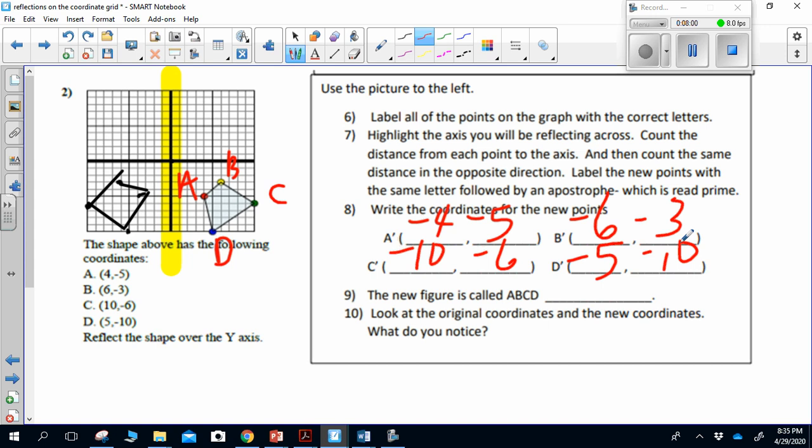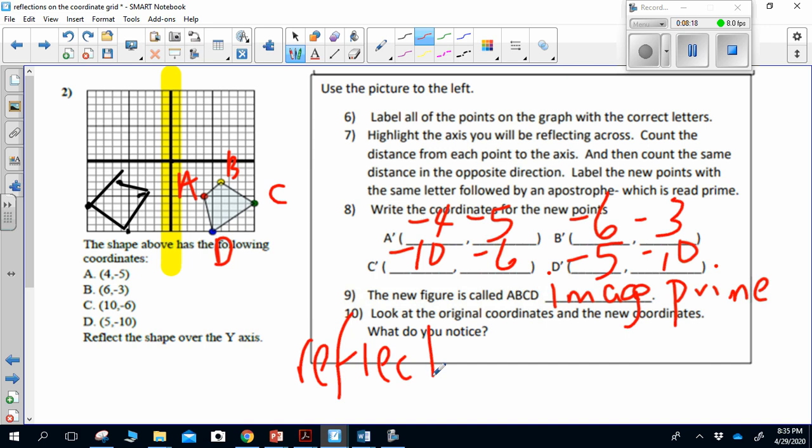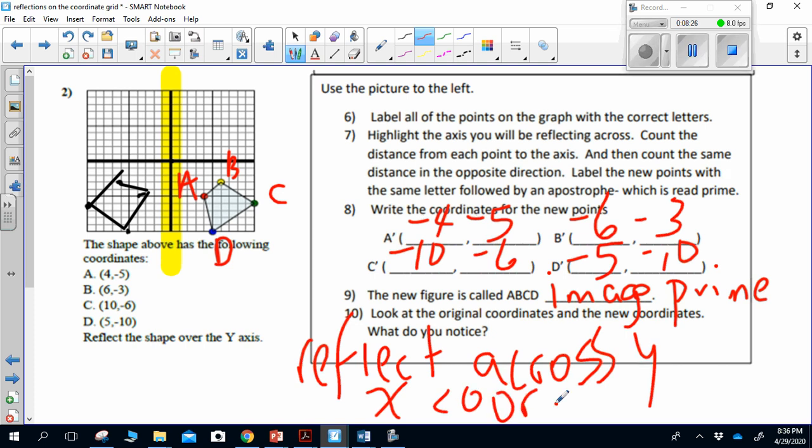My new figure is called the image, or ABCD prime. And when I look at the original coordinates, you should have noticed that when I reflect across the Y, the X coordinates are opposite.